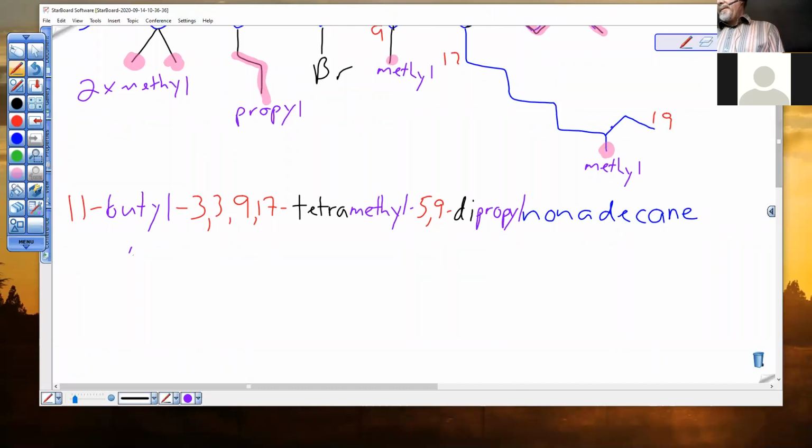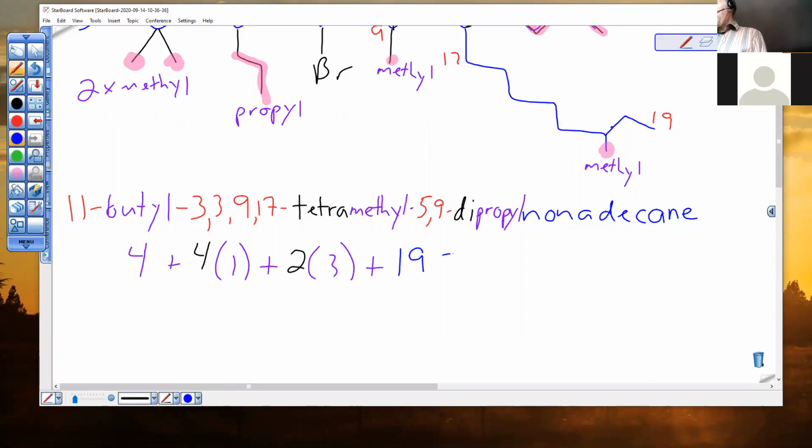Butyl's 4. We have 4 separate methyl groups that each have 1 carbon. We have 2 separate propyl groups that each have 3 carbons. We've got nonadecane, which has 19 carbons.